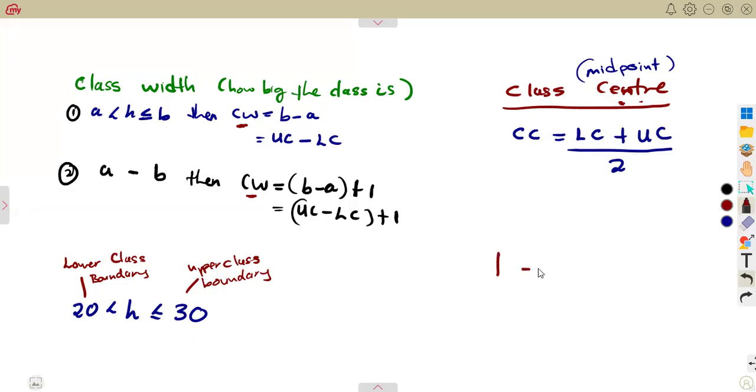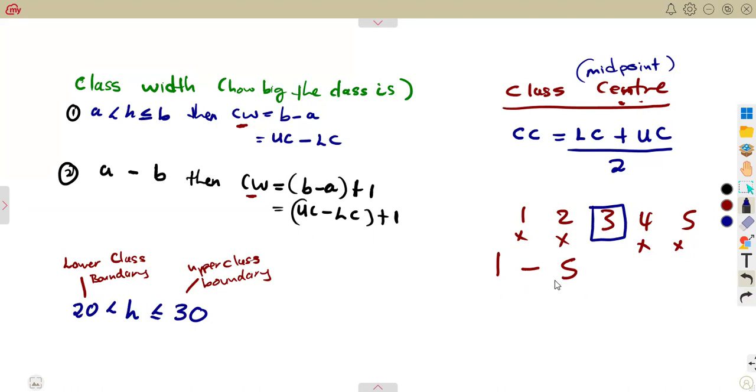From the boundary of 1 to 5, the number in between. If you know, guys, the number in between 1 and 5: 1, 2, 3, 4, 5. The number in between is 3. This is the center. You can simply take that number between 20 and 30, in between 20 and 30.